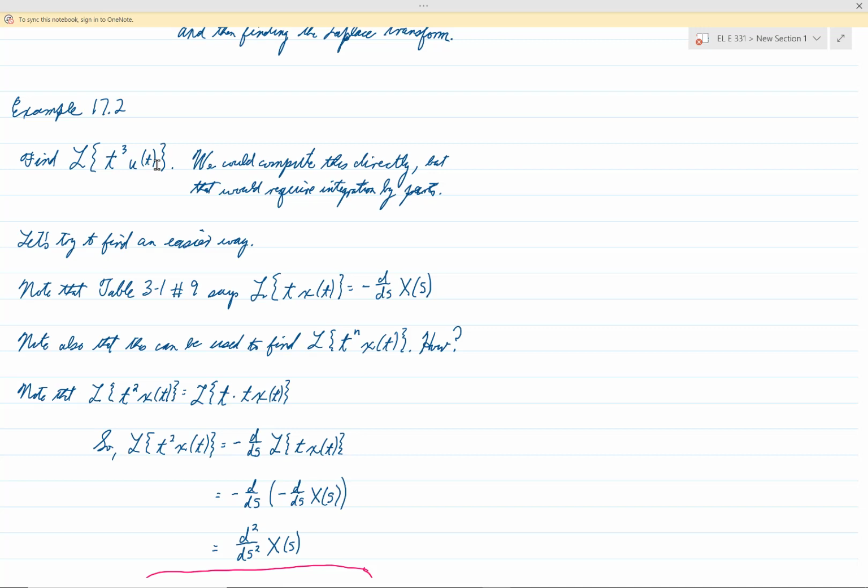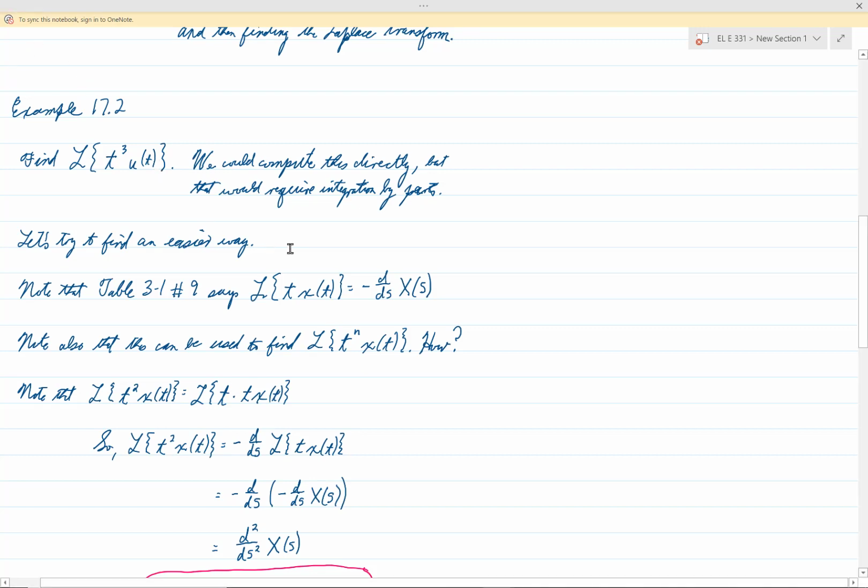But the only problem there is it would be a little bit tedious, because we would have the integral from 0 minus to infinity of t cubed u of t times e to the minus st dt, and that would require integration by parts, which is a little tedious. So we're going to try to find an easier way to do this.